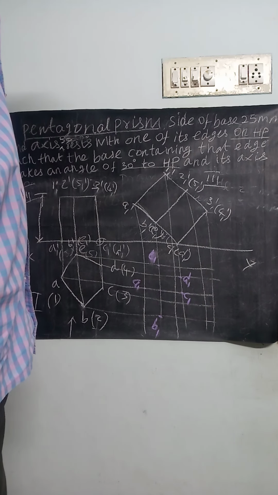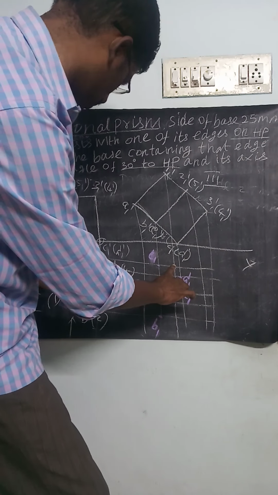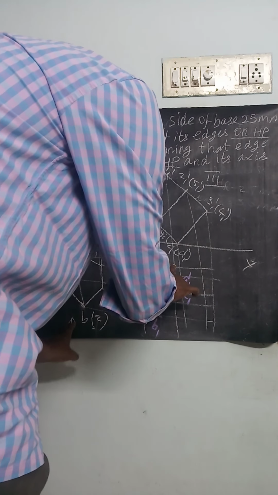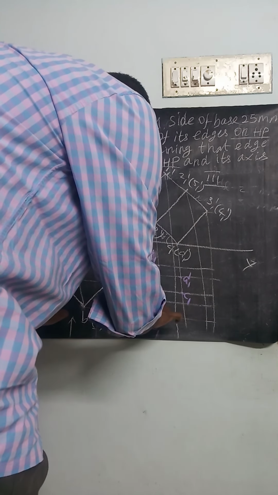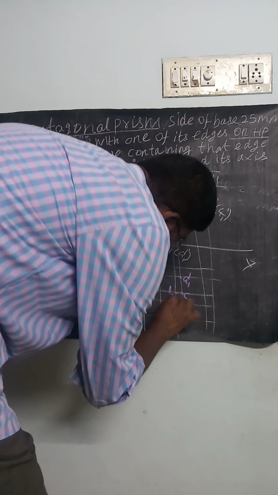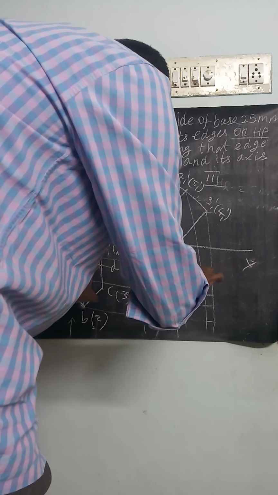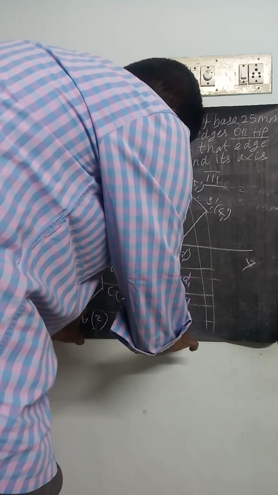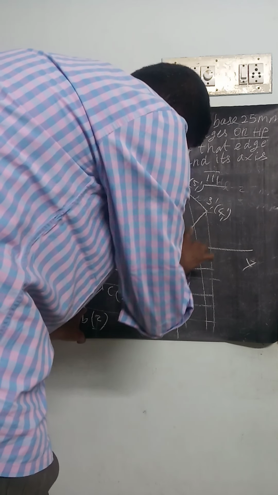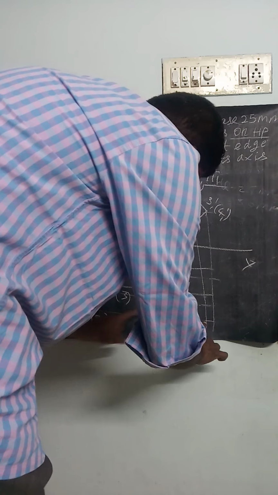Next join the lines. This one 1, the same here. Next 2, where the lines intersect. This one 2 1.